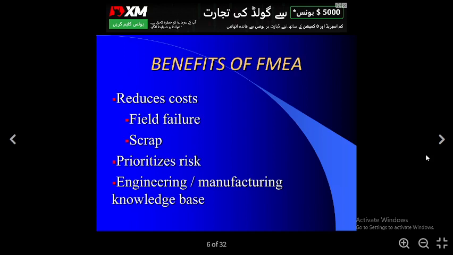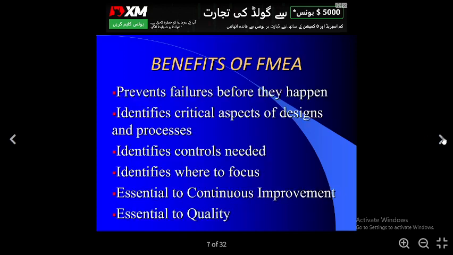So these are the benefits of FMEA. Other benefits are that it prevents failures before they happen, identifies critical aspects of design and processes, identifies controls needed, and identifies where to focus to bring on the change and the improvement in your design or system. It is essential to quality improvement.